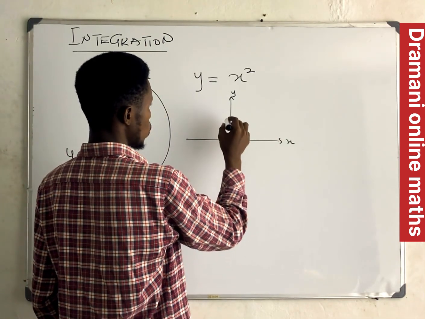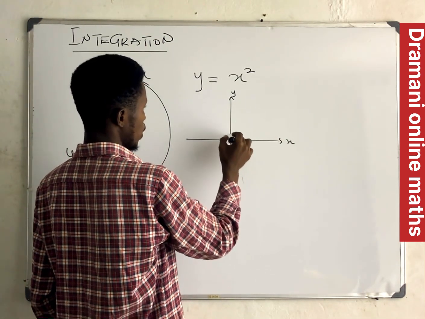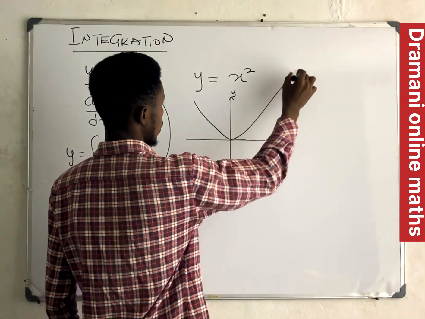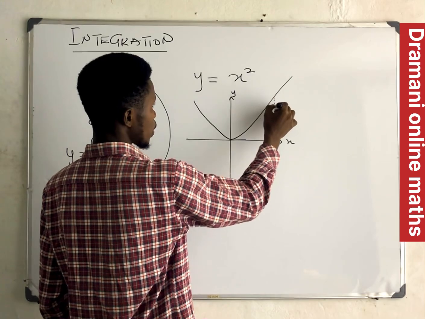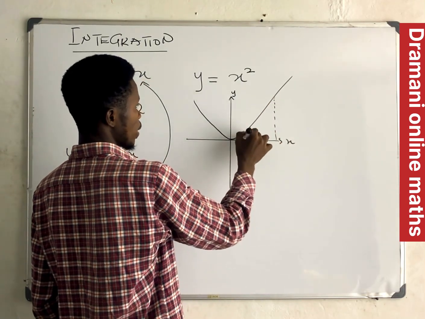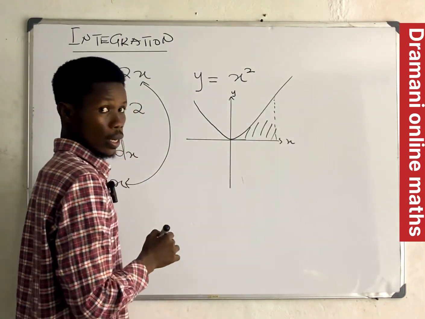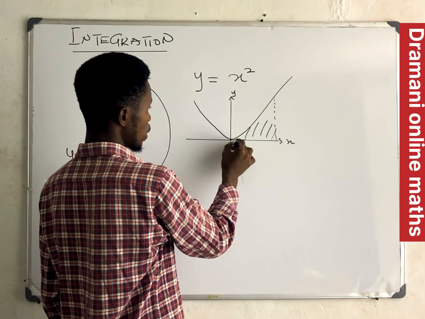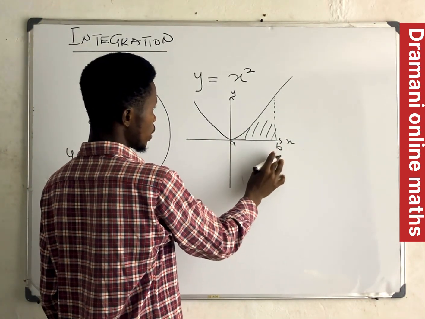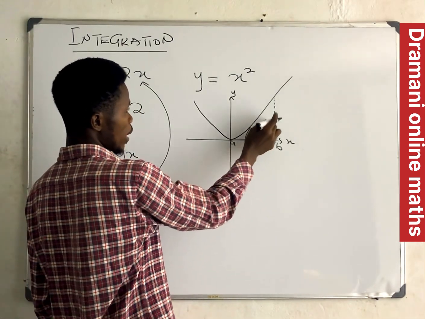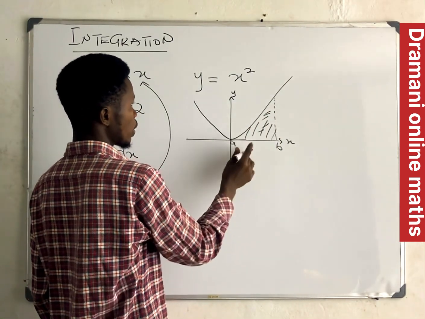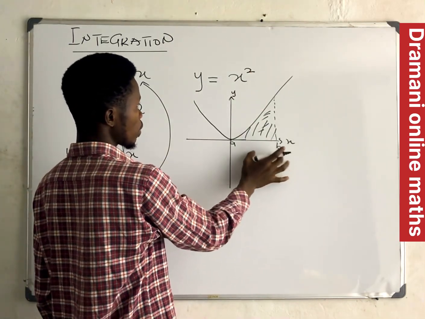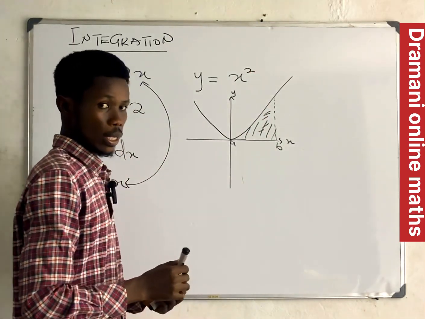The x squared curve will be like this. Now let's say that I'm interested in the area here. Let's name here A and here B. If I find the area under this curve, then it's the same as integrating this and substituting the values A and B into the result.